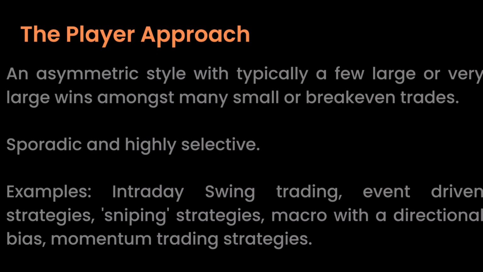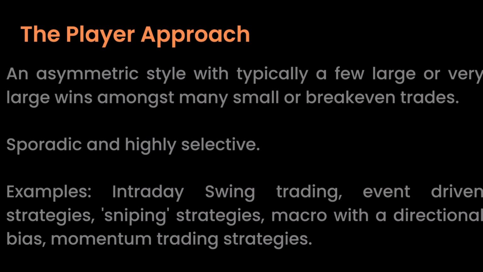So the player approach style is typically associated with a few large or very large wins amongst very many small or break-even trades. So, for example, a player approach would be somebody who has a very, very tight stop loss, right? So, they're going to lose often. Those losses are going to be at like 1%, 5%, 10%.